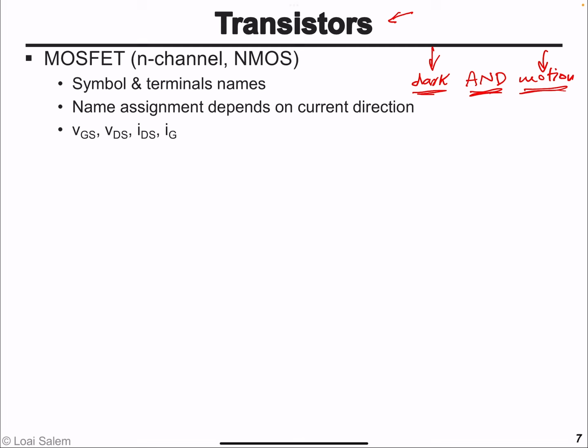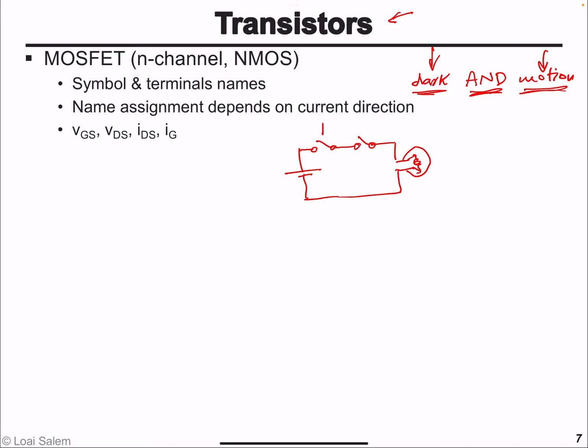And to implement this function, we can simply use 2 switches, as I mentioned, in series. Then we have the light bulb and the input voltage source.